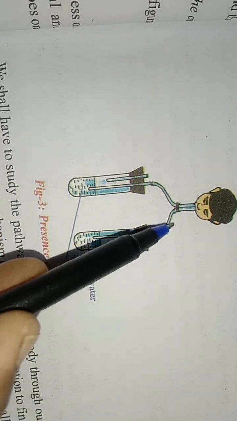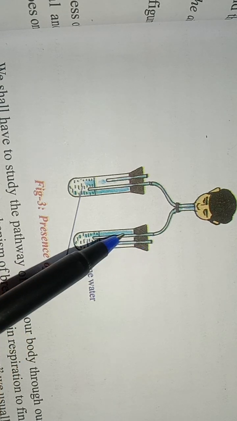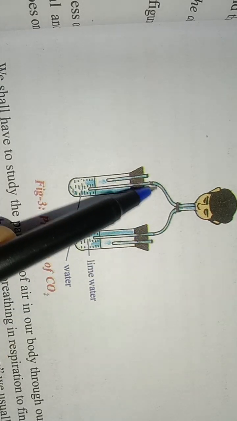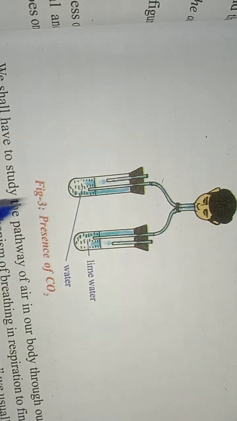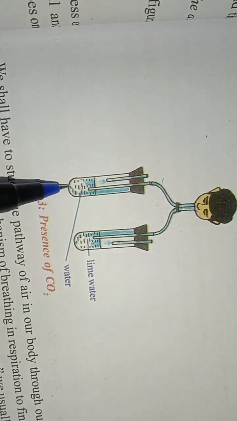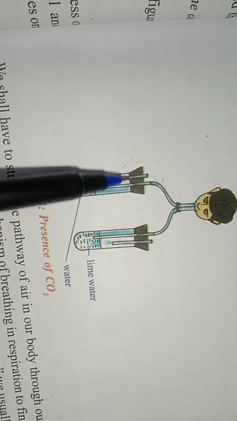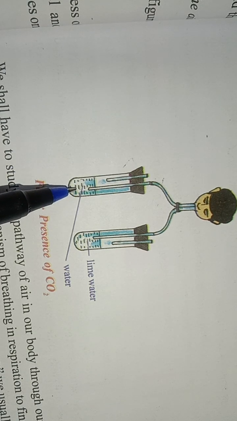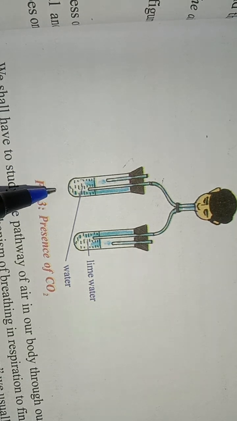In this picture they are sending breathe out air into the lime water. Let's discuss only the first beaker. Breathe out air from the person is coming into this lime water. This test tube is closed. This lime water turns milky white, which shows the presence of carbon dioxide.